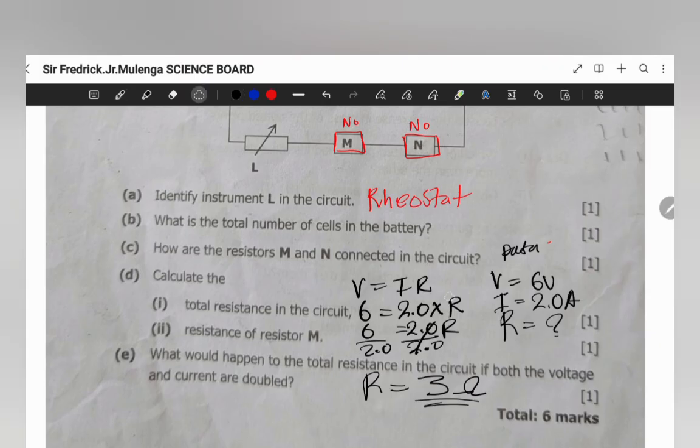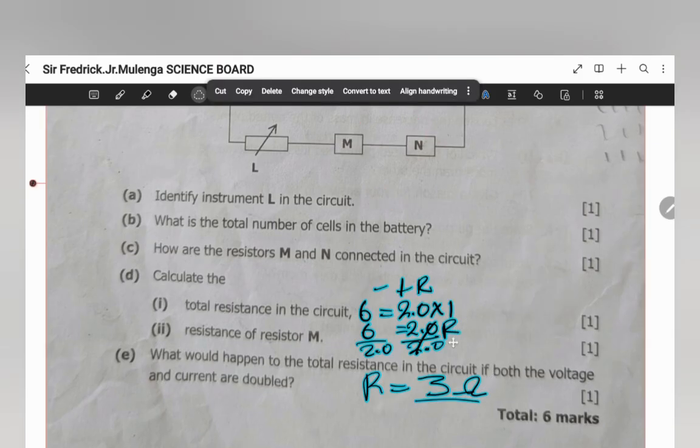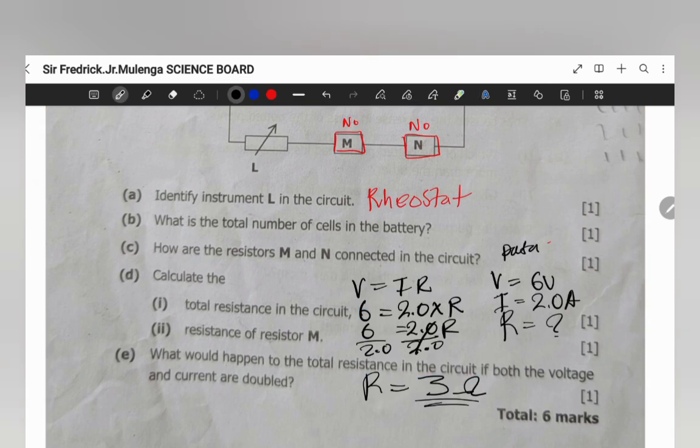Then we go to Roman numeral 2. Calculate the resistance of resistor M. Since our total resistance from the circuit is 3, we know that when they are connected in series, the total resistance is R1 plus R2.